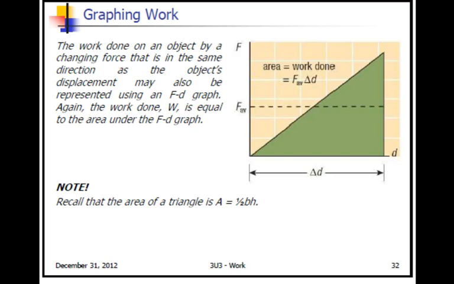If that happens, finding the area underneath is a little bit more complicated. Here would be a triangle, and we're really just going to deal with triangles and rectangles for this course, but the concept is you need to find the area underneath the curve, the F function, to find the work that's done.